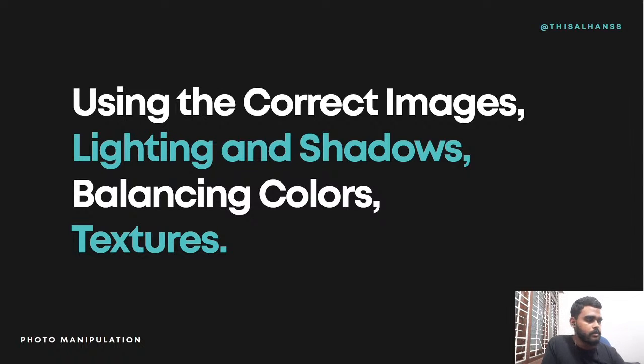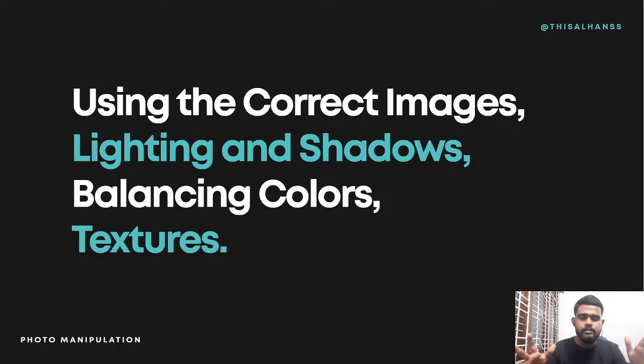Lighting and shadows are one of the most important things, because you have to make sure you know where the light source of the image you're editing is. Imagine you cut one person from an image and put them on another image. You have to know where the light source is in the second image. Is it top? Is it bottom? Is it left or right? Top left?